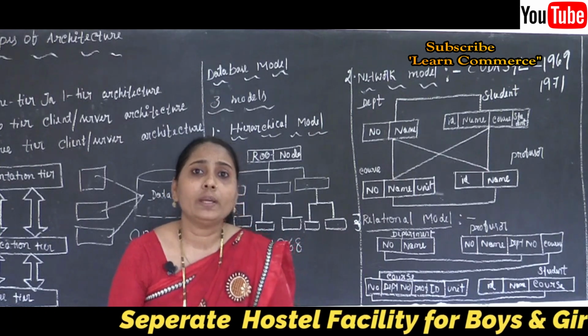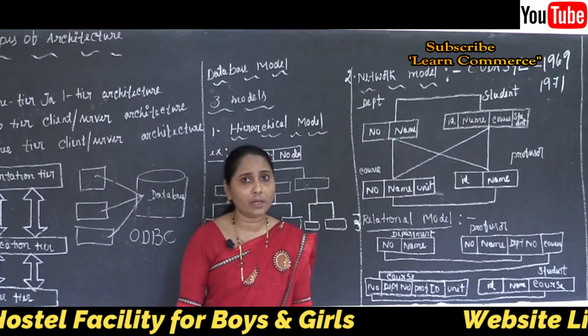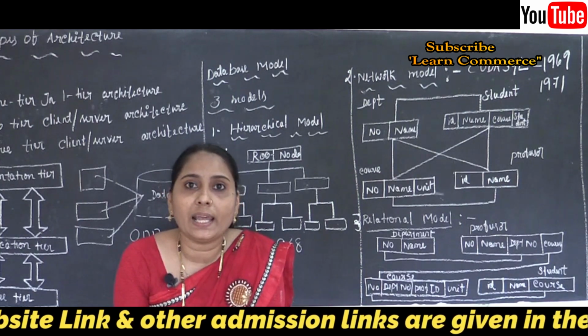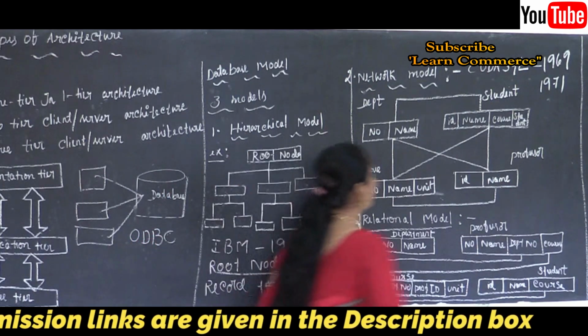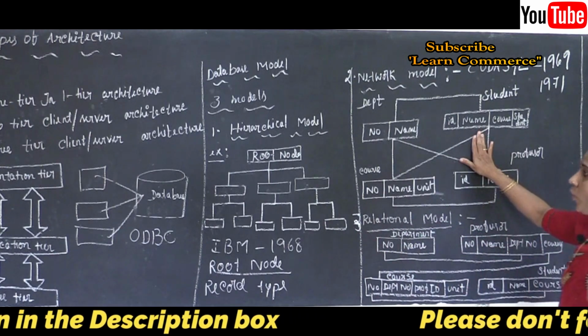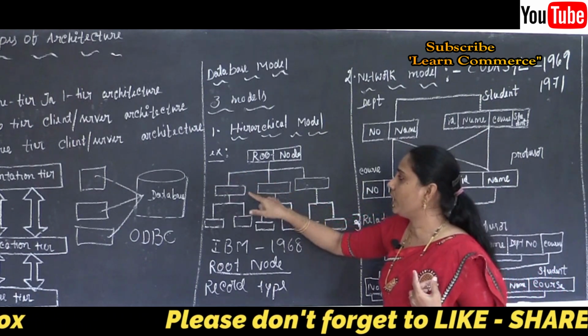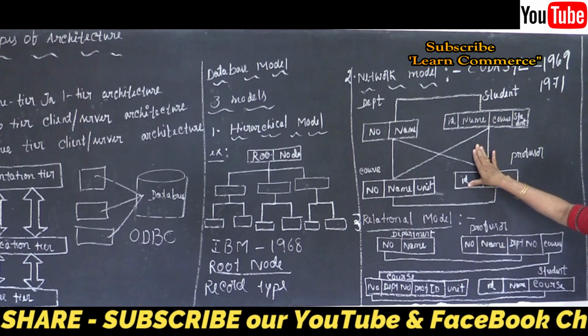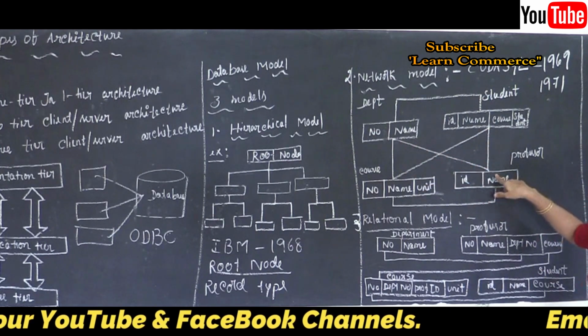Because in the network model the data is represented by a collection of records. Clear this point? By a collection of records. Because in the hierarchical model just one connection is there, but when you see this diagram, there is a connection from one to another.